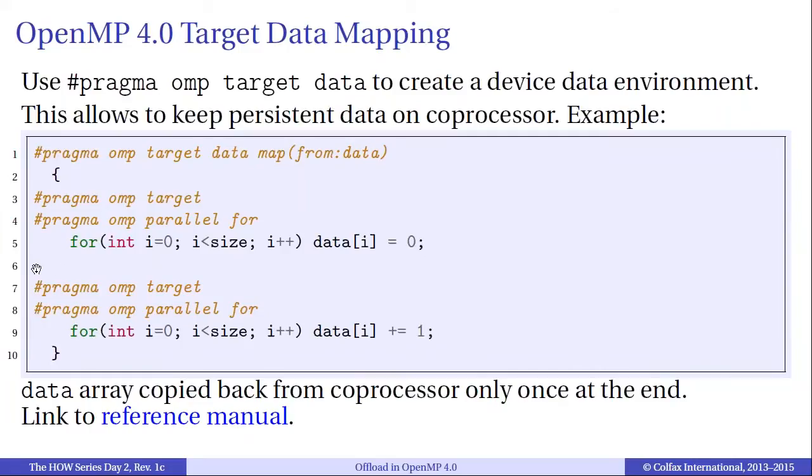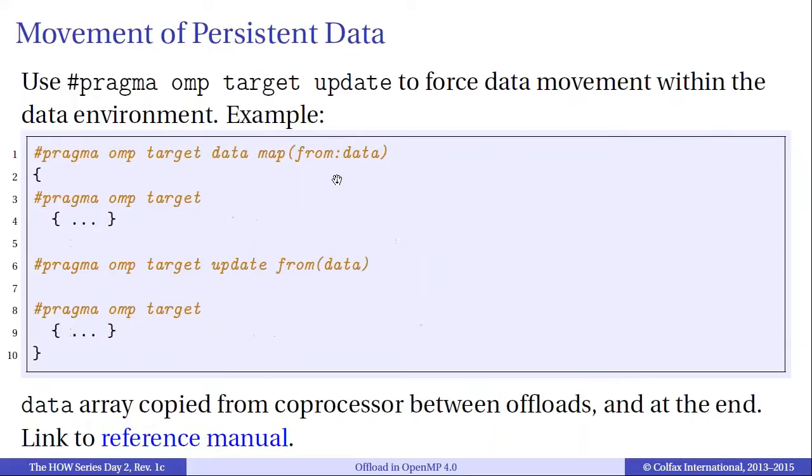Then potentially here I could have some lines that run on the CPU, and then I run another offload. But between these offloads, the data hiding behind this pointer will be retained. I can also update the data between the offloads using pragma OMP target update.